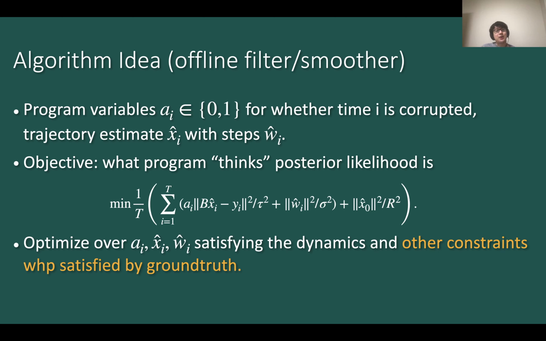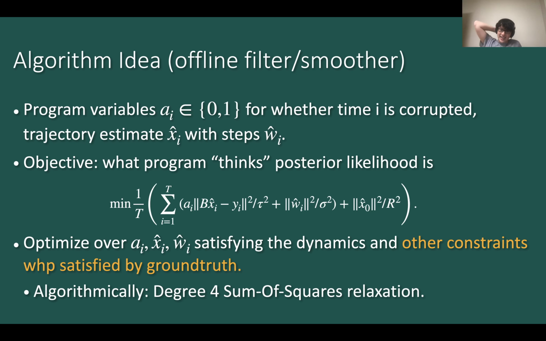And we will try to optimize over the trajectory, which is the x hats with steps w hats. And the trajectory should satisfy the dynamics, and we will also put further constraints which are satisfied with high probability by the ground truth. And the choice of those other constraints will be very important to make the program actually work. And I won't say much about this, but since we have 0, 1 variables, we need to use sum of squares and be a bit careful to make this into an actual algorithm. But that's what we do, so we use a degree 4 sum of squares relaxation.